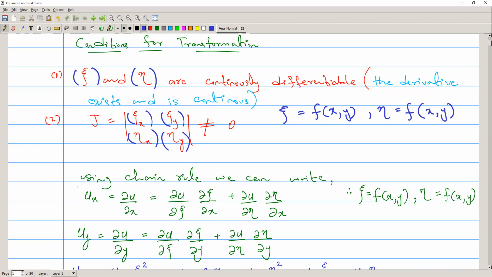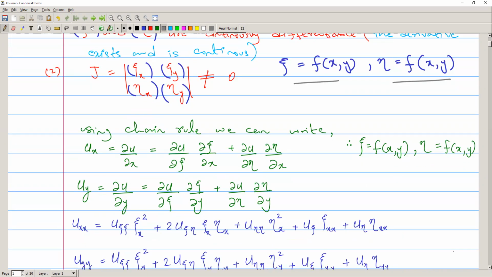So the basic idea behind this transformation is that we are going to use the chain rule. When we say that psi is a function of x and y, and eta is a function of x and y, then we are actually transforming this function u of x, y to a function of psi and eta, right? So here is the procedure.